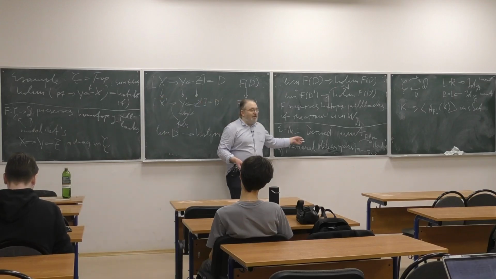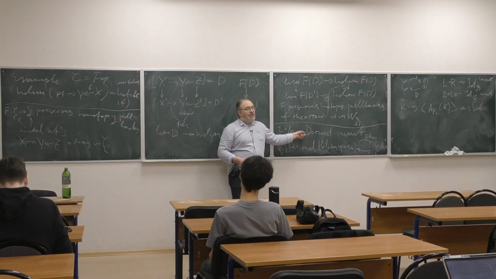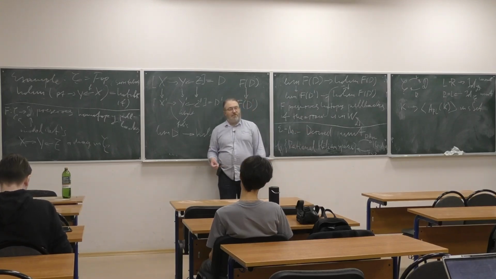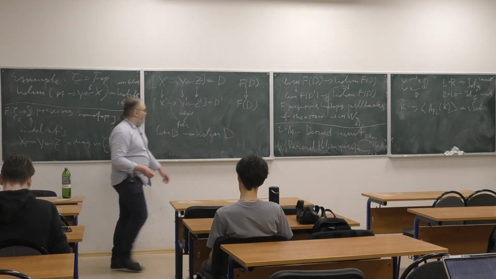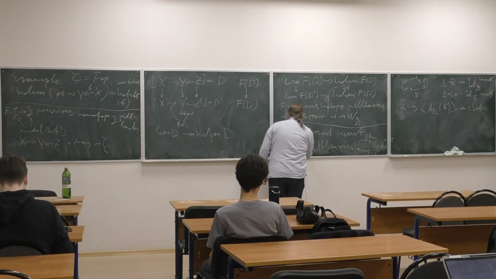Or equivalently, each reduced integral homology group is a rational vector space. Well, let's also say connected.